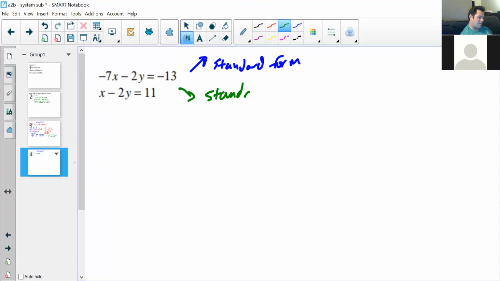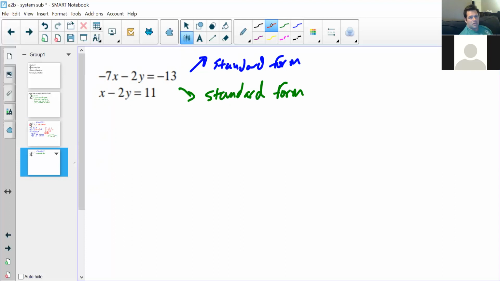And again, we do want to practice solving this system of equations by the substitution method. So we know that for the substitution method, we're looking for one particular equation with one particular variable where it would be very, very easy to isolate that variable.